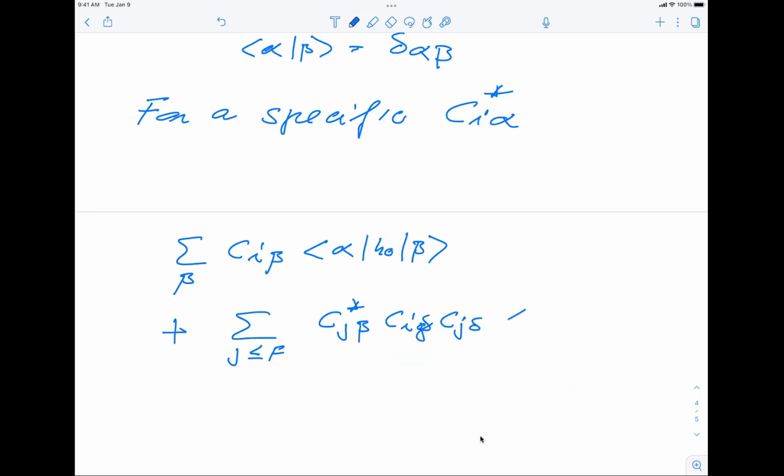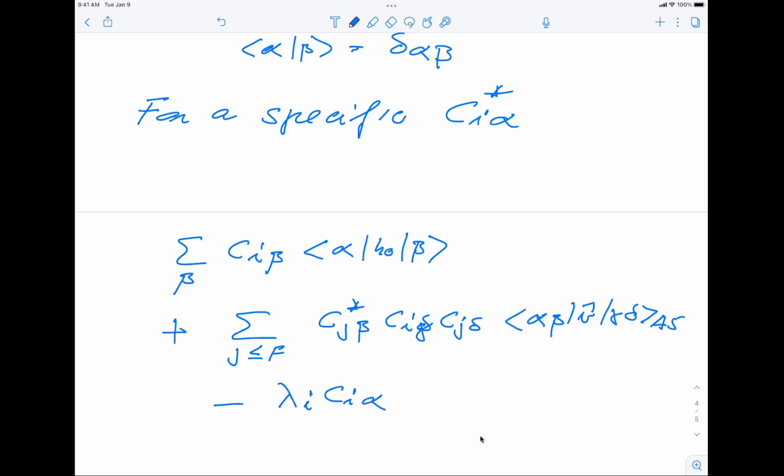This is multiplied with the matrix element alpha, beta, V, gamma, delta, anti-symmetrized. And then we have a minus term here, which now runs simply over the alphas, but this is simply going to be equal to lambda i multiplied with Ci alpha.